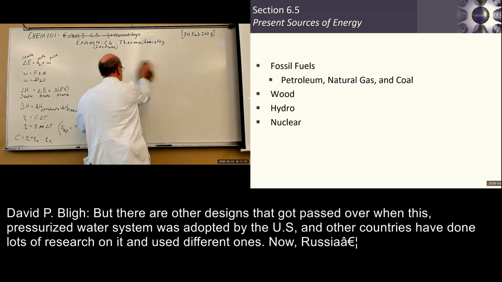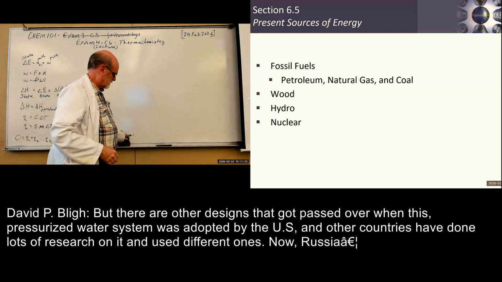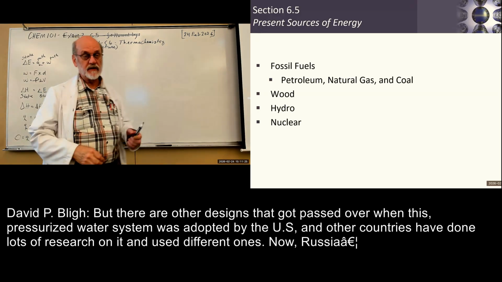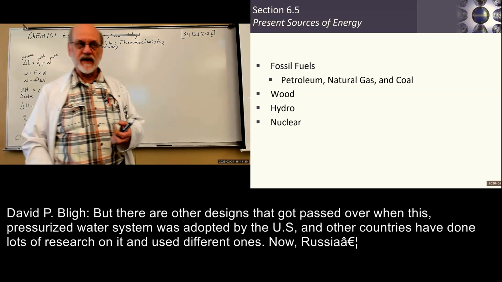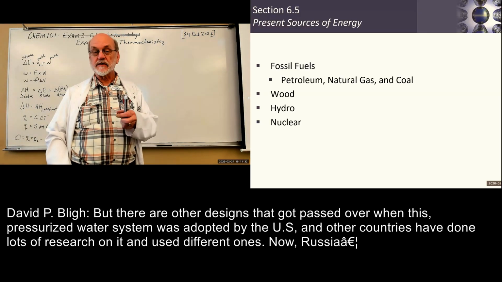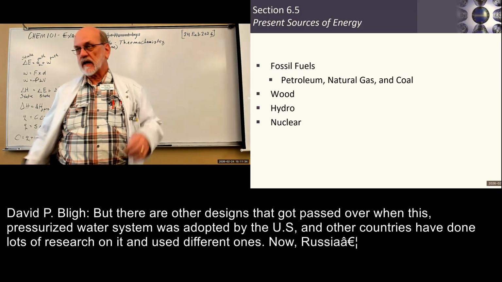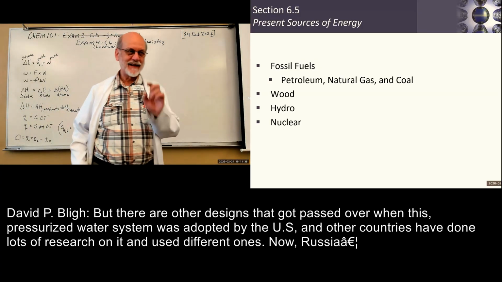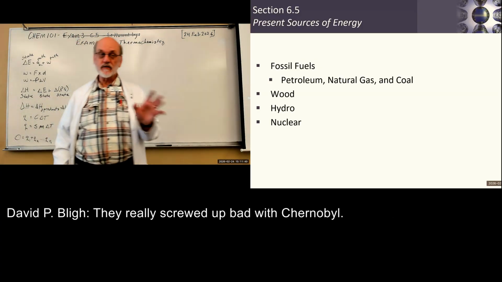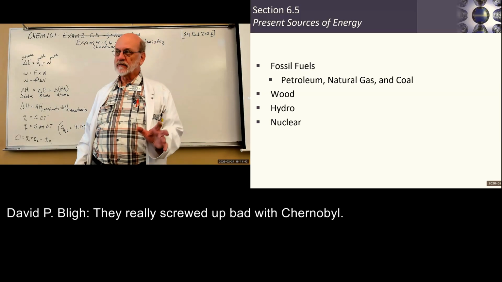Okay. But there are other designs that got passed over when this pressurized water system was adopted by the US. And other countries have done lots of research on it and used different ones. Now, Russia, they really screwed up bad with Chernobyl.